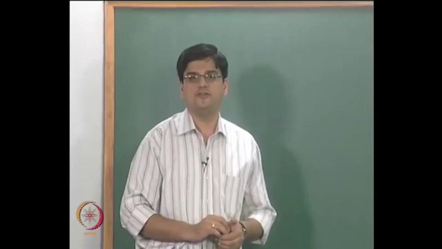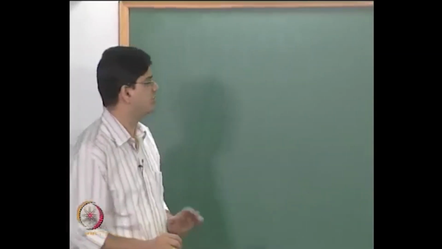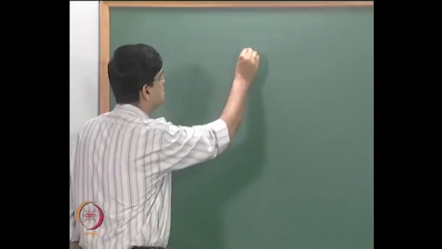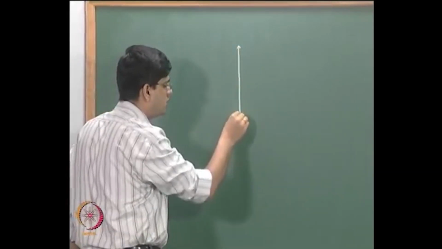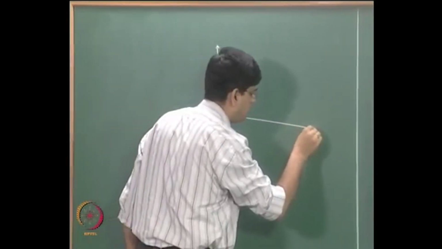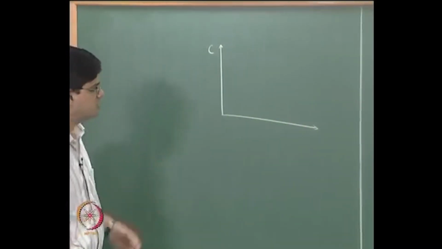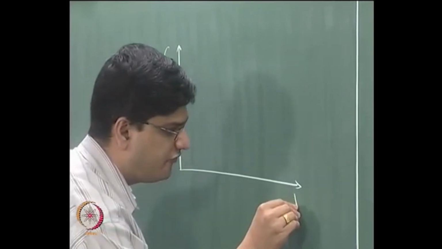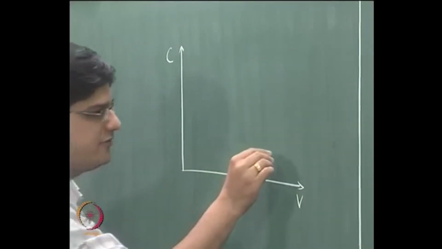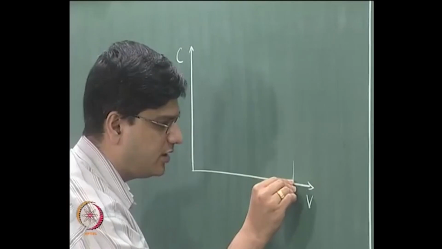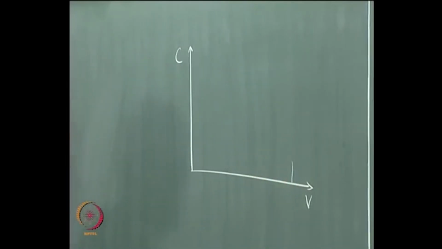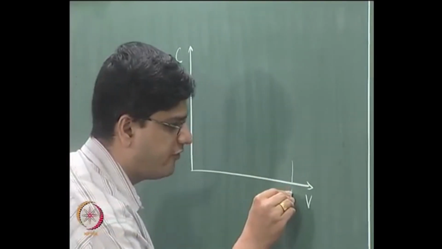Okay, so what we saw in the Excel sheet just now is this: we wanted to compute how the value of concentration changes with the volume, and we were interested in calculating the value of concentration at volume V equal to 5.